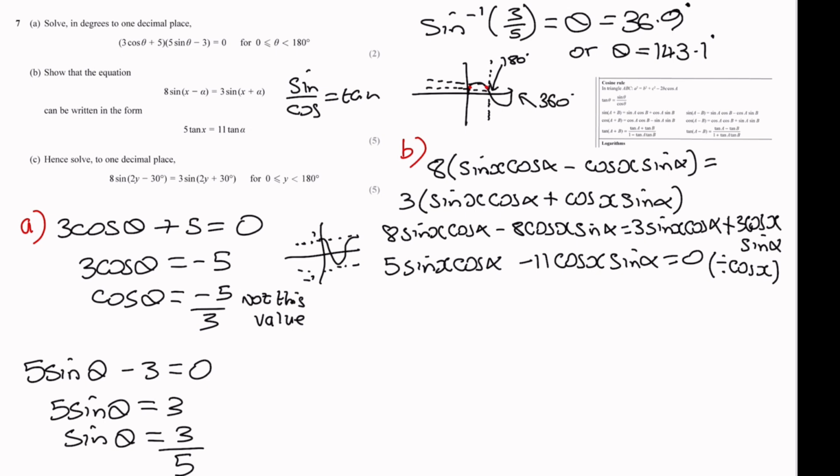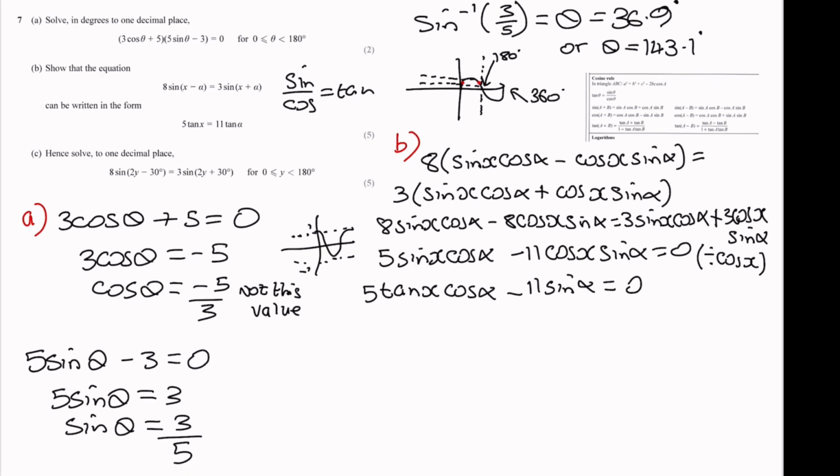I'm going to get 5 sine x divided by cos x gives me the tan x cos alpha minus, and cos x over cos x, they're going to cancel, so that's going to be 11 sine alpha equals 0.